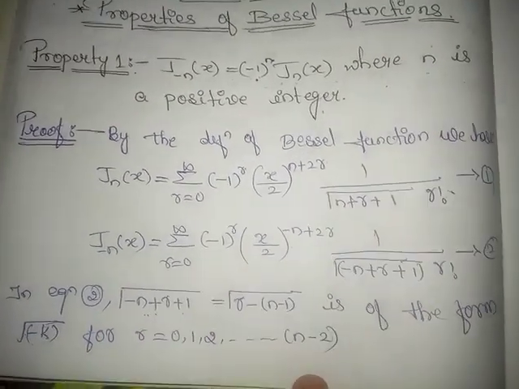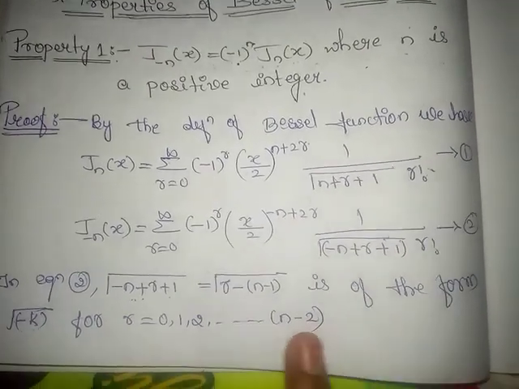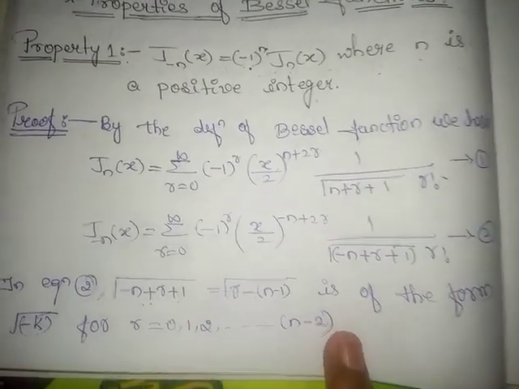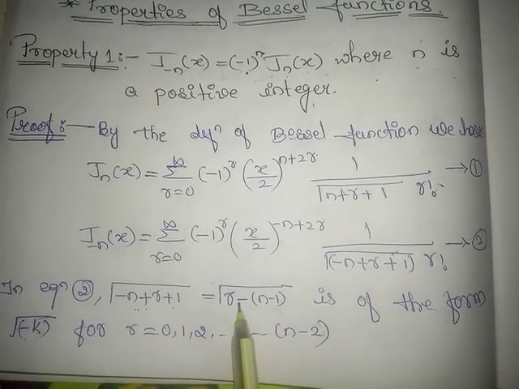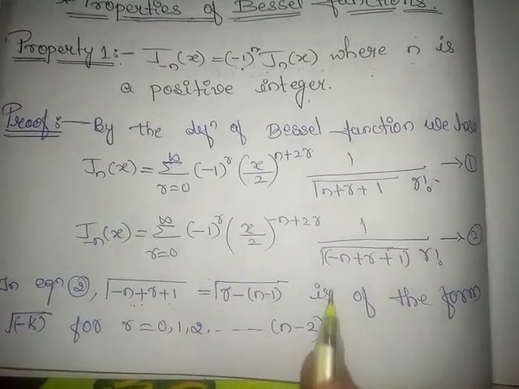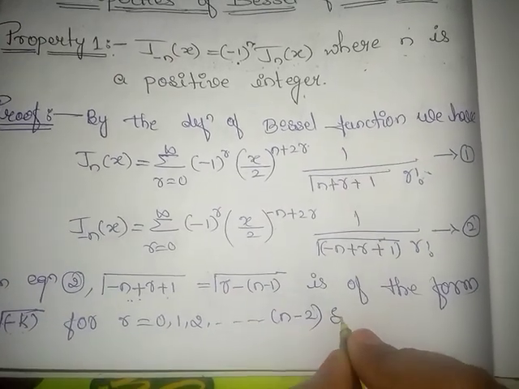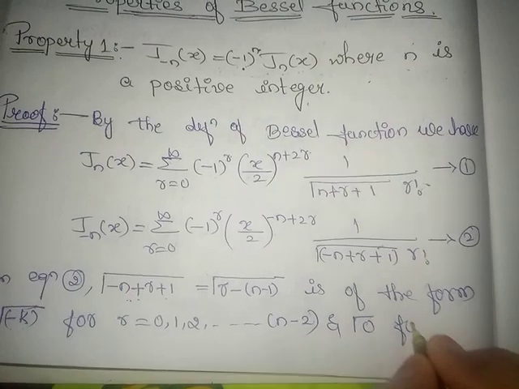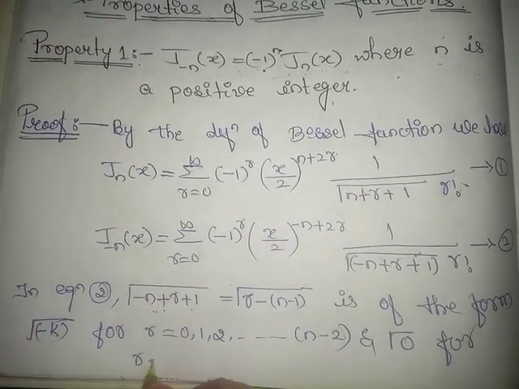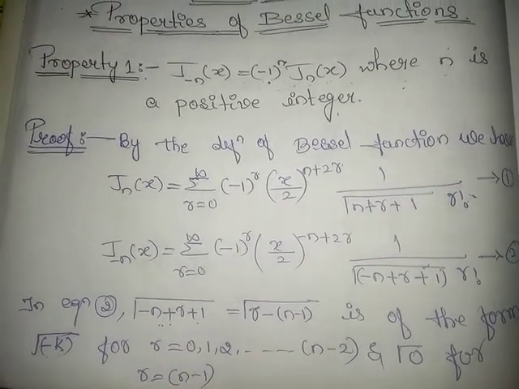Here r values are up to n minus 2 only. When we take the r value as n minus 1, what will we get? n minus 1 minus of n minus 1 will be 0. So we get gamma of 0 for r equal to n minus 1.